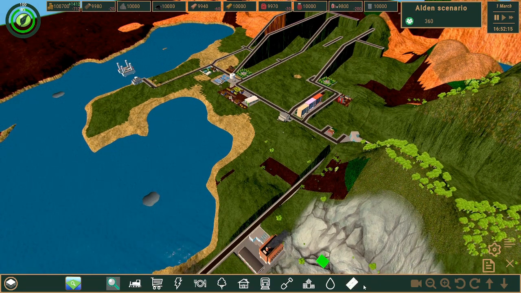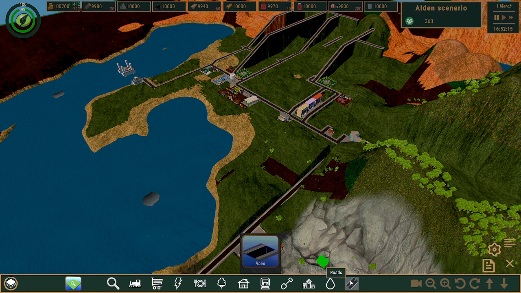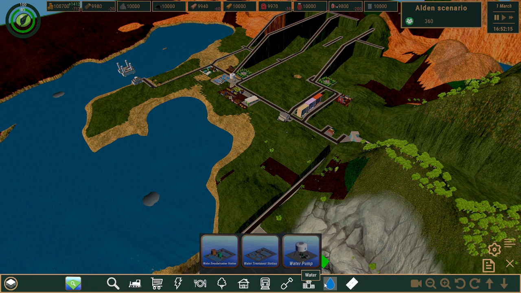In the middle of the bottom bar, you have all the different buildings you can put on the map. You have some roads, some water treatments and water pumps. That's very important because you will need to have water in your town.